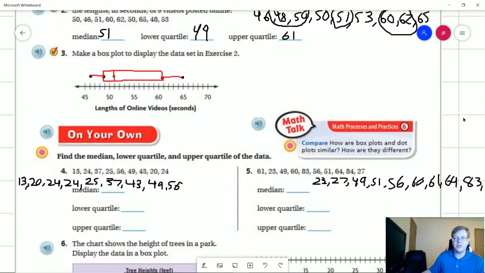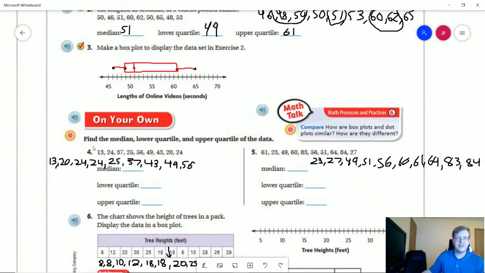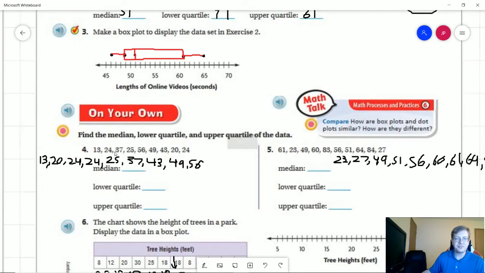And so for the on your own, number 4, I've gone ahead and written everything out in order. I was struggling to find room because my pen size on this is already the smallest available. So our median is going to be exactly 25. So I'm going to draw a little line that connects that in there.